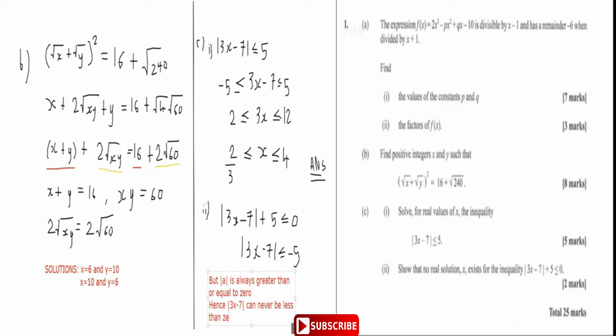All right, so hence that has no solution. Finally, hence the modulus of 3x minus 7 being less than or equal to 0, this has no solution.